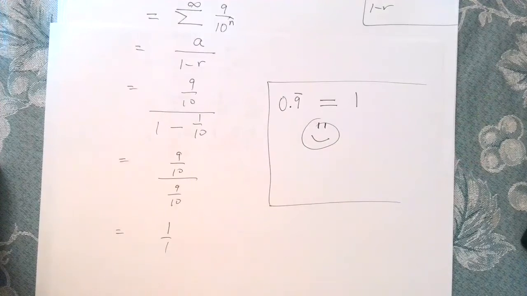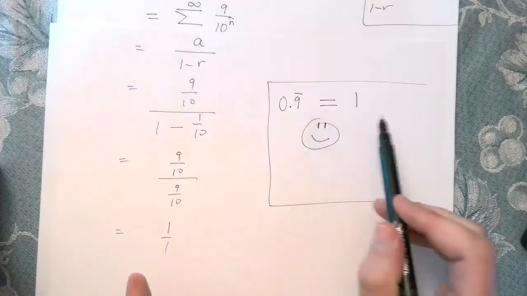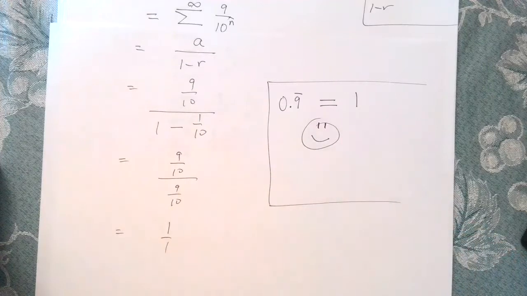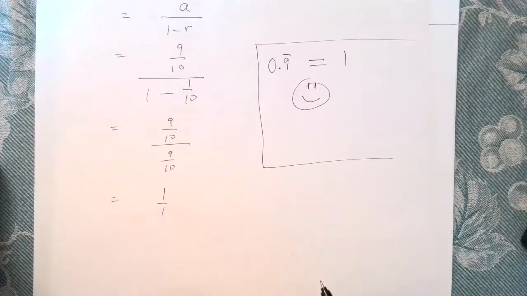And sometimes people will say, oh, that can't be, they're not equal. Well, I look at it like this. So suppose they weren't equal, right? Keep in mind that between any two real numbers, there's an infinite amount of real numbers. That's always true. It doesn't matter how close they are.